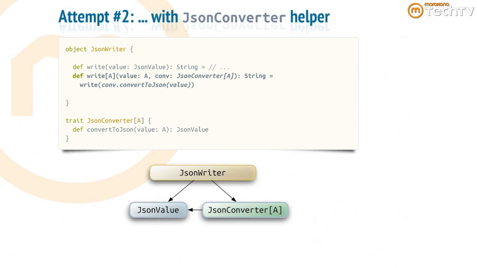And I've colored this JSONConverter trait in green to indicate that it's somehow different. And what I really want this to highlight is that JSONConverter is now what we're going to think of as a type class. It's something that I can implement for anything that I want to be convertible to JSON without having to make that thing extend from some base type. So JSONConverter is going to be our type class here.